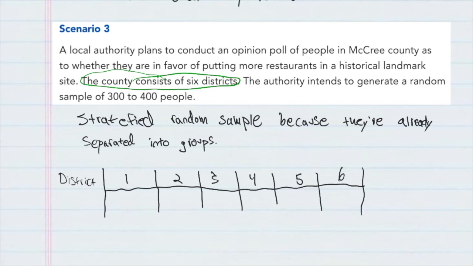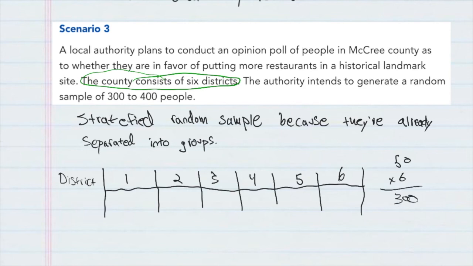And then how many people should you survey in each group? Well, you want 300 to 400. So somewhere in between that, let's say you could do 50 from each group. If you did 50, well, 50 times 6, that would give you 300, right? So 300 people.